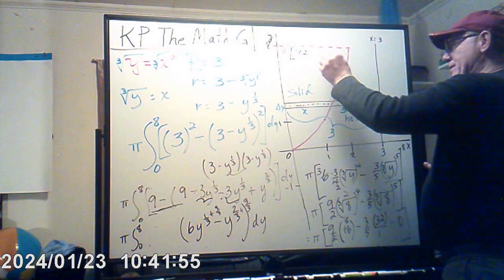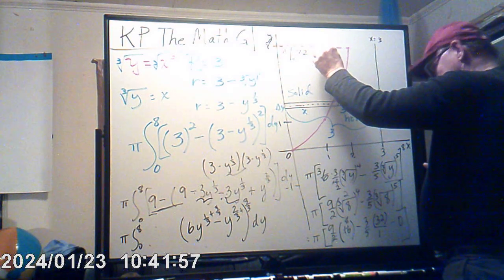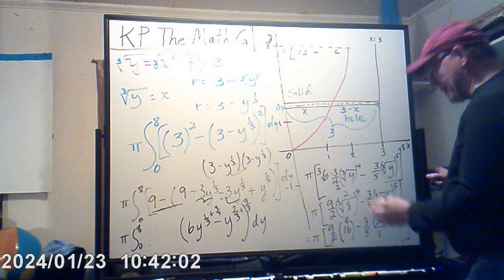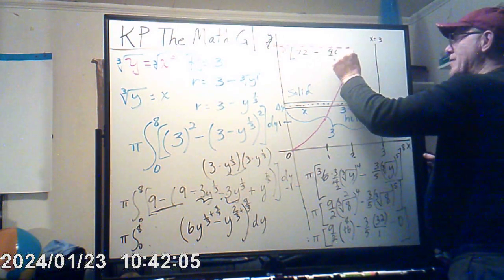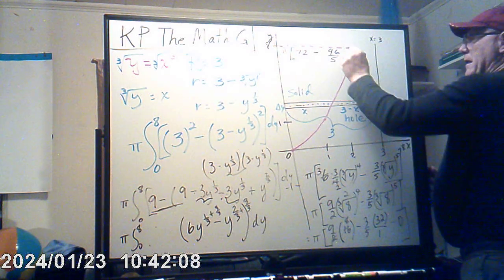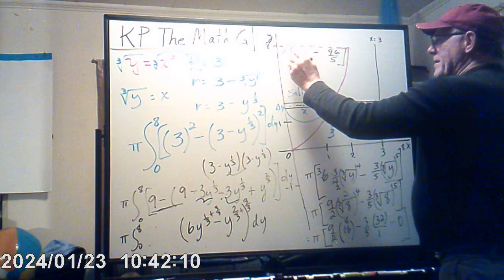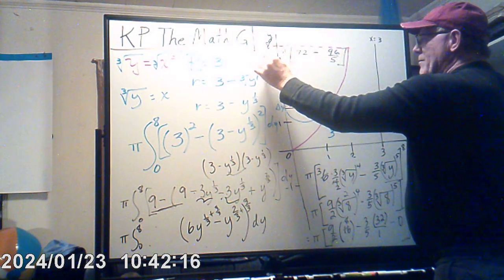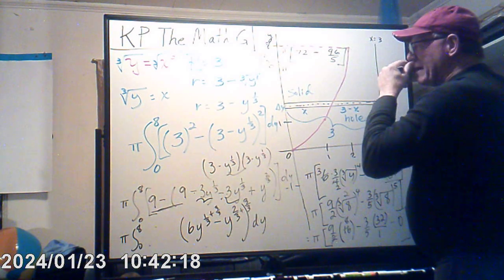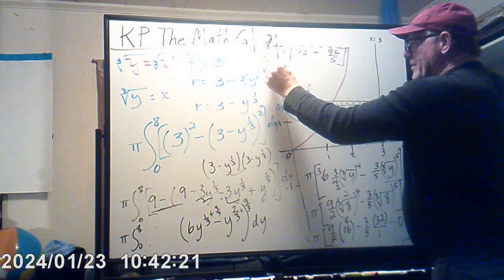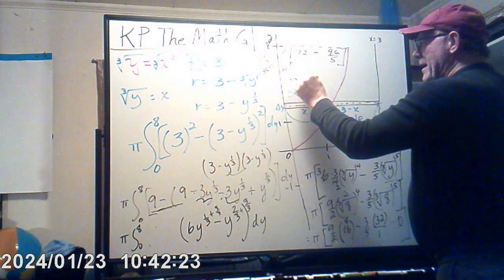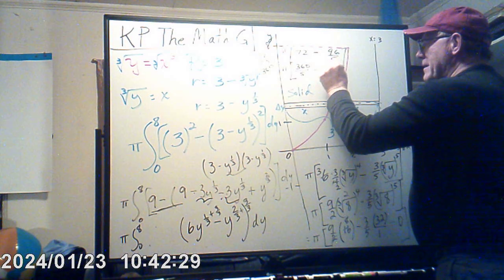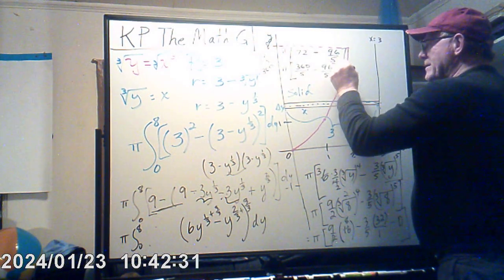So 3 times 2 is 6. 3 times 3 is 9. So 96 over 5. I've got to make that 72 in terms of 5, so something over 5. So 72 times 5. 5 times 2 is 10. 5 times 7 is 35, so 360. So this is pi times 360 over 5 minus 96 over 5.